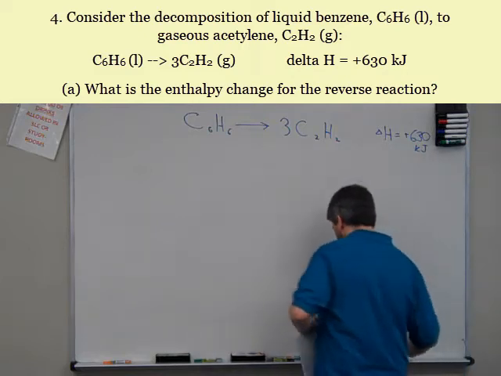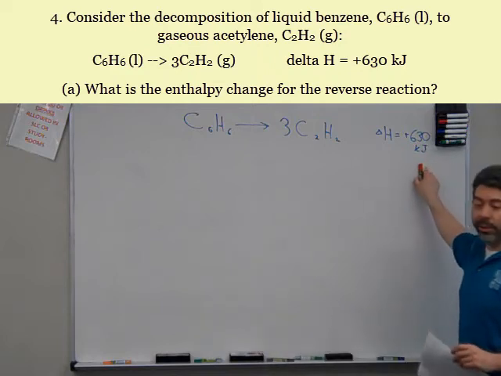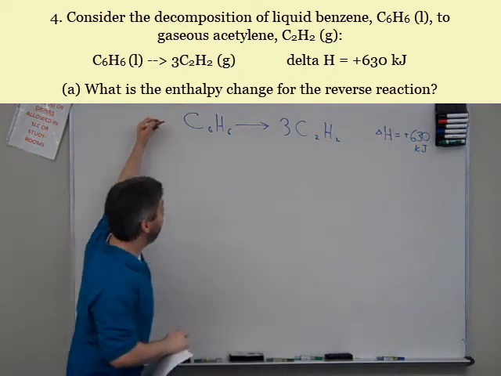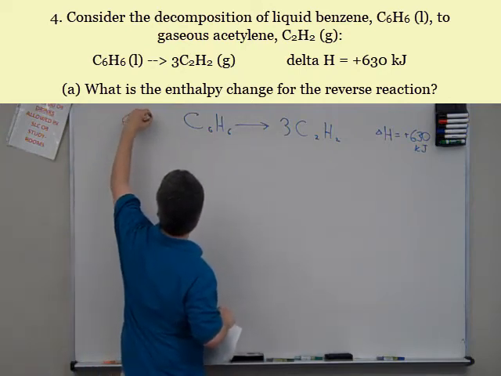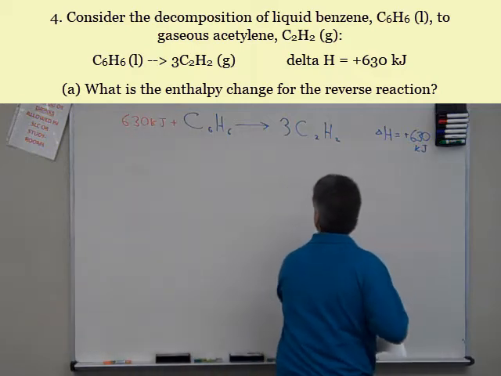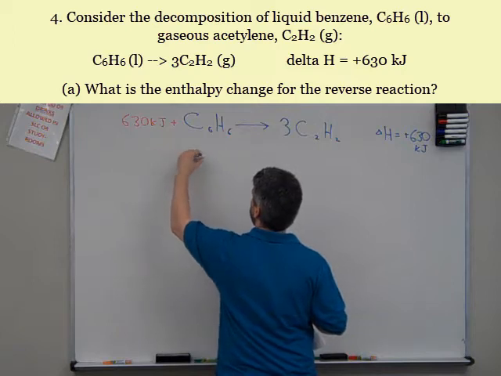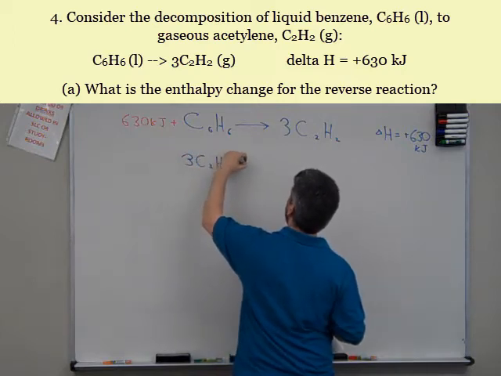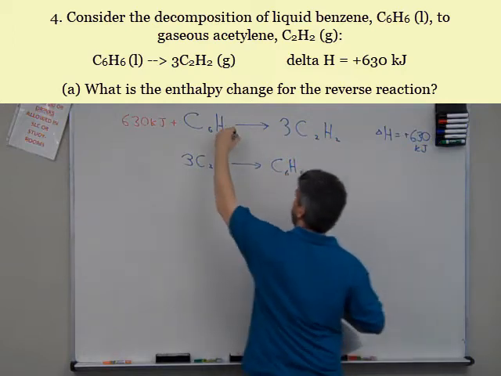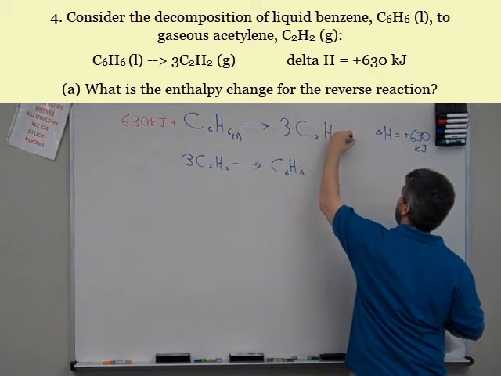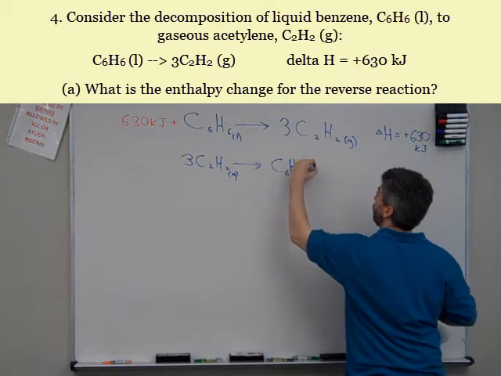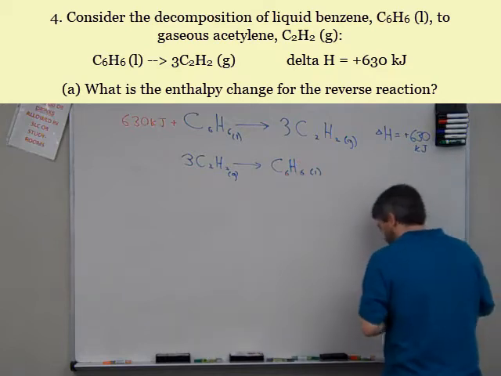And likewise, a positive 630 kilojoules means that heat is a reactant. 630 kilojoules is a reactant. If I flip this reaction equation around, I would have 3C2H2 going to form C6H6, and this is actually a liquid, and this is a gas, and this will be important for reasons you will soon find out.